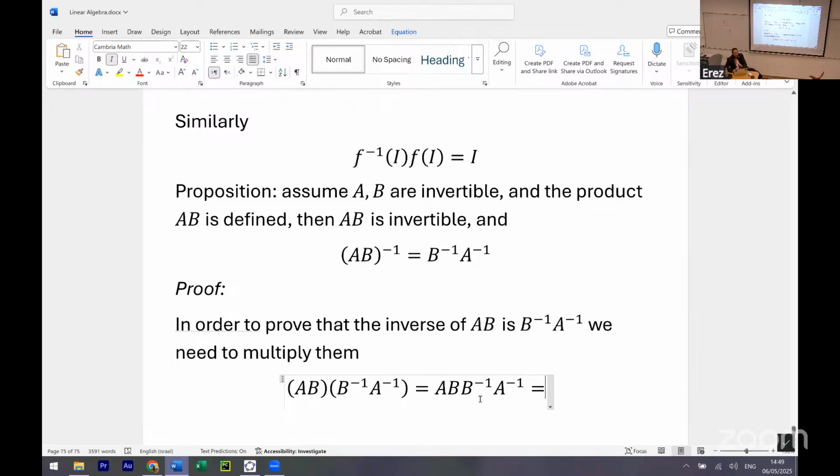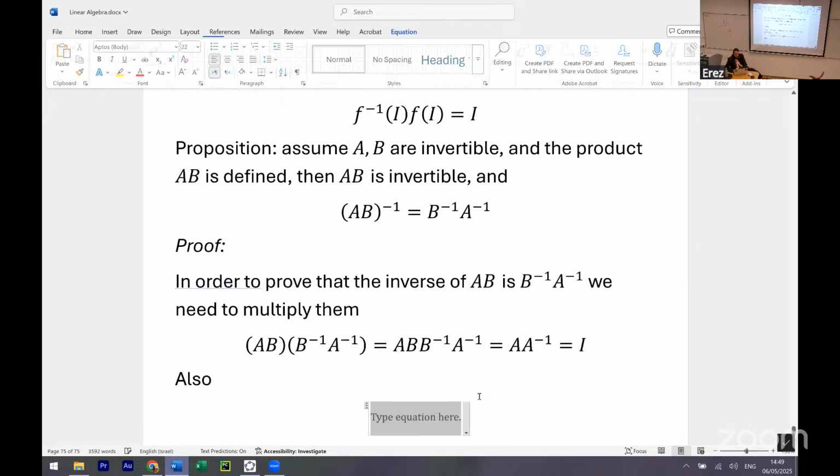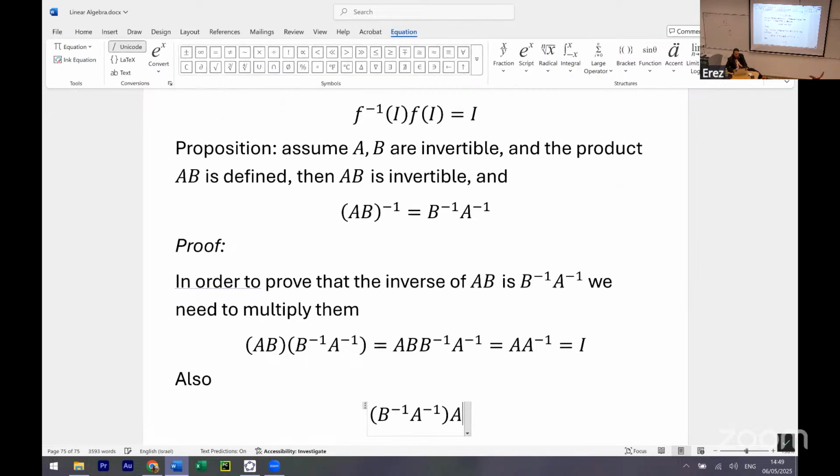B times B minus 1 is I. So you get A times A minus 1, which is I. And also B minus 1, A minus 1, AB is also I.